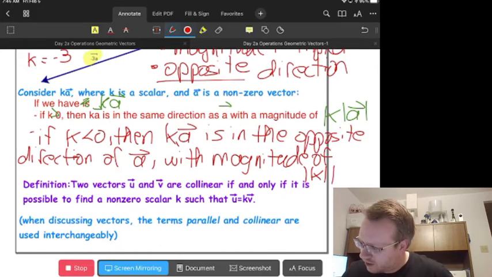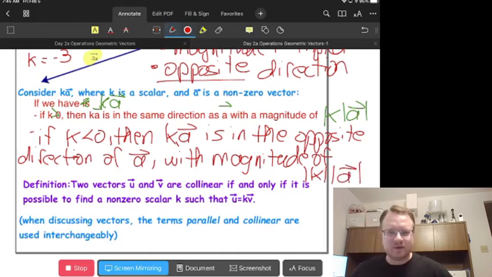We just care how big it is, with magnitude of absolute value of k times the magnitude of a.